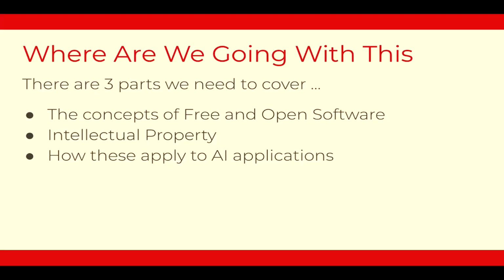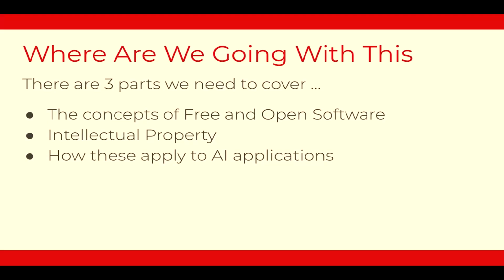But before we get there, we've got to talk about two other topics. The first is, what does the concept of free and open source actually mean? Because how can we know if this is a good definition of open source and AI if we haven't defined what the concepts mean in general? So we'll take a quick look at those.